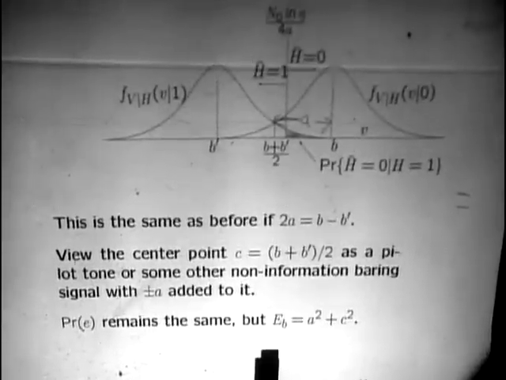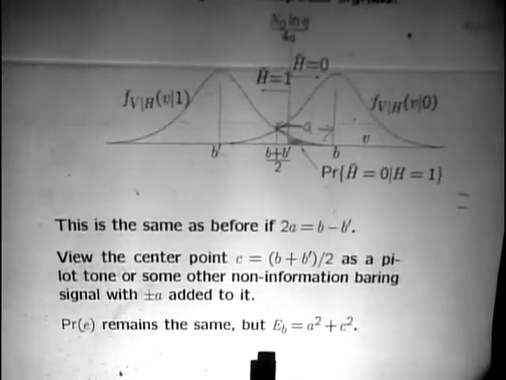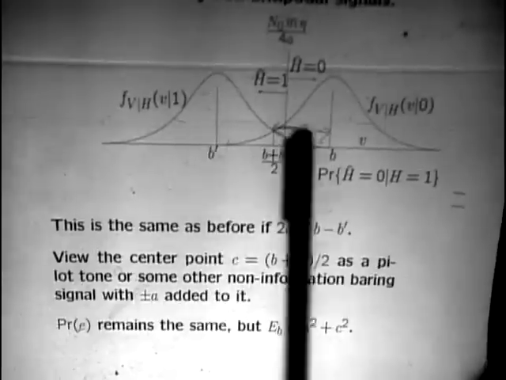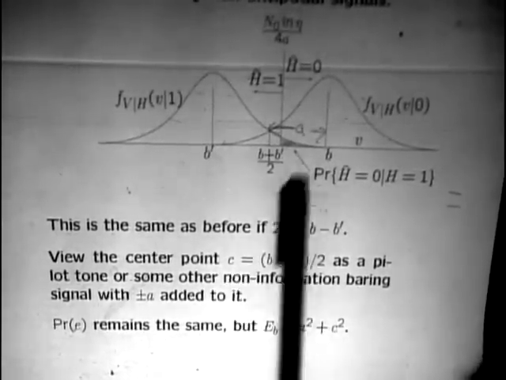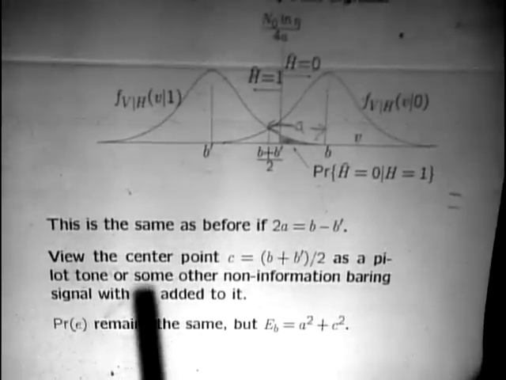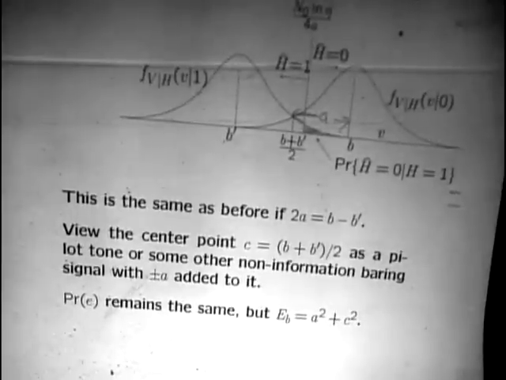So probability of error remains the same in terms of this distance. The energy per bit now changes. The energy per bit is the energy here plus the energy here, which in fact is the energy in the center point plus a squared. Okay, we've done that in a number of contexts. The way to find the energy in a binary random variable is to take the energy in the center point plus the energy in the difference. It's the same as finding the fluctuation plus the square of the mean.